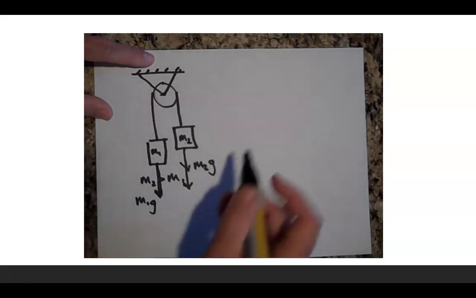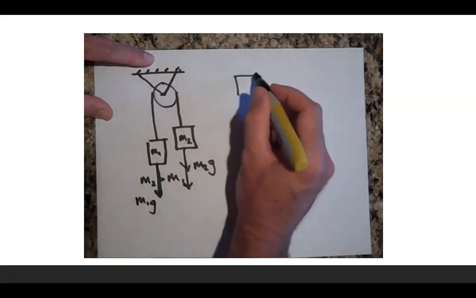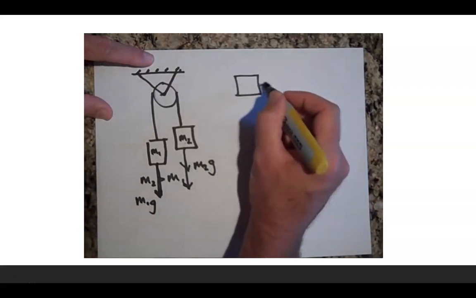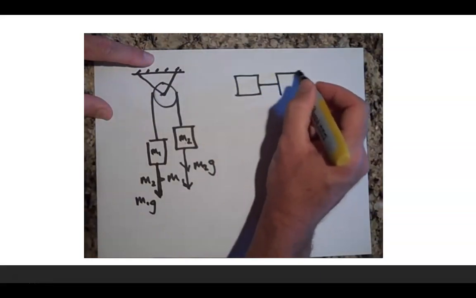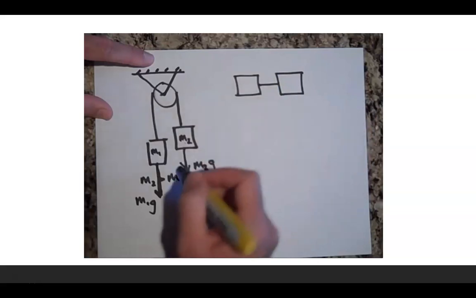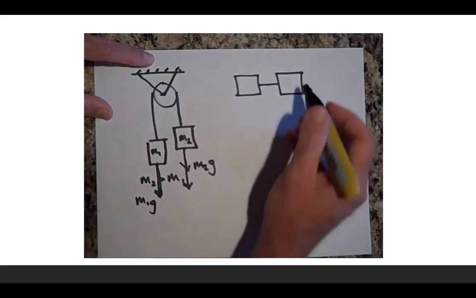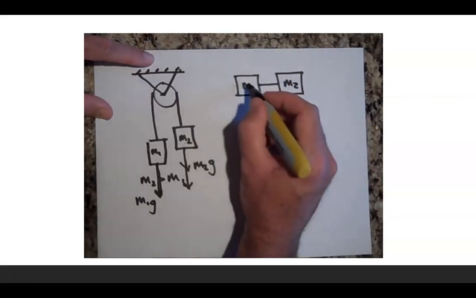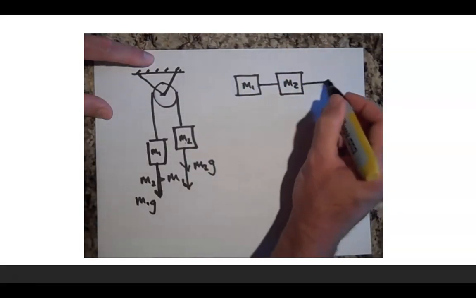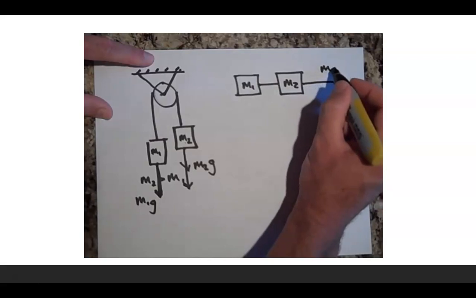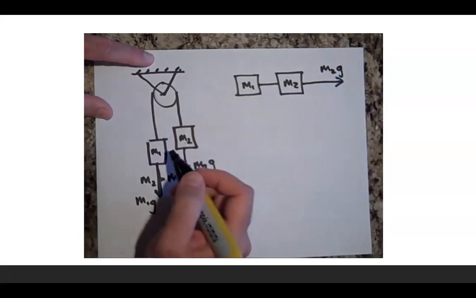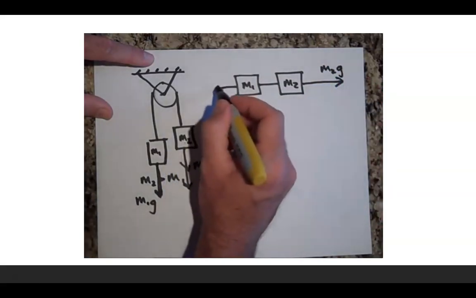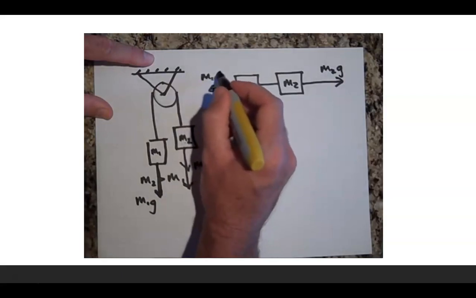What we'll do is we'll straighten these out. I know they're pulling in two different directions. They're both pulling down, but isn't that kind of like this? Isn't it like a system, if we straighten this out, of m2g pulling this way and m1g pulling that way?